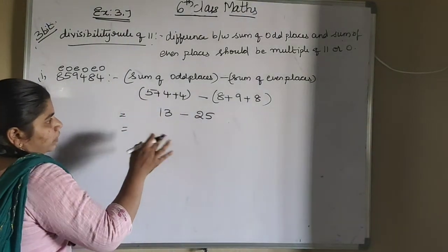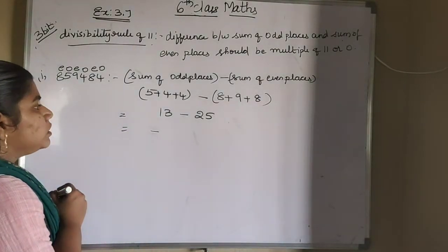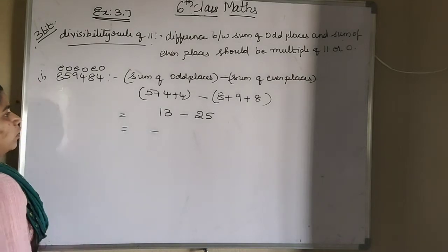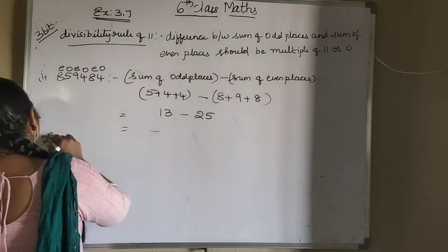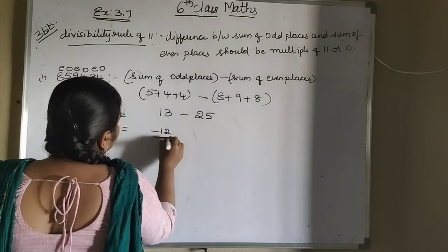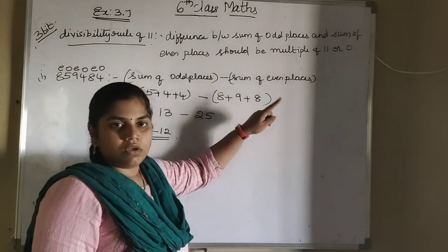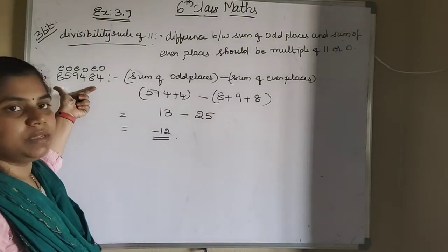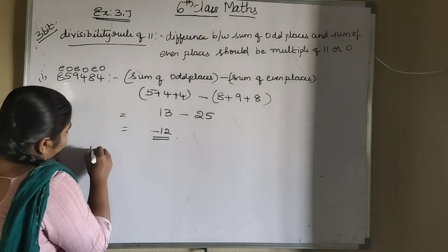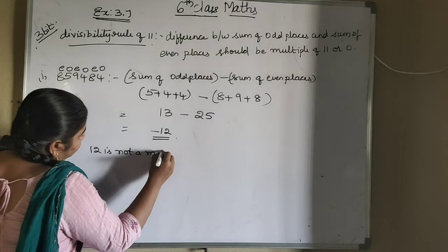What is the answer here? It will be in negative form because from a smaller number you can't take out a bigger number. So it will be minus 12. 12 is not a multiple of 11, so this number is not divisible by 11.